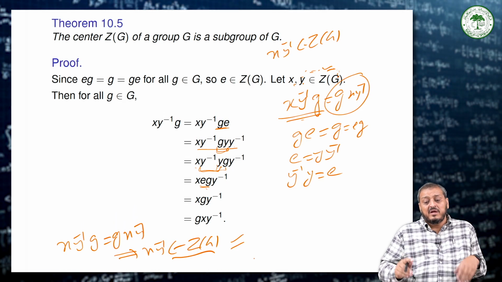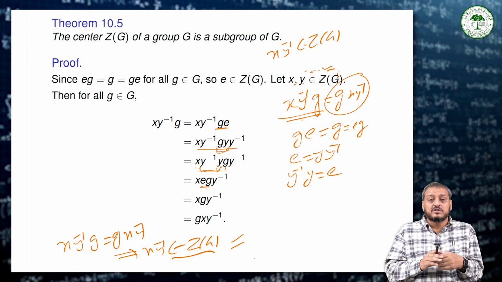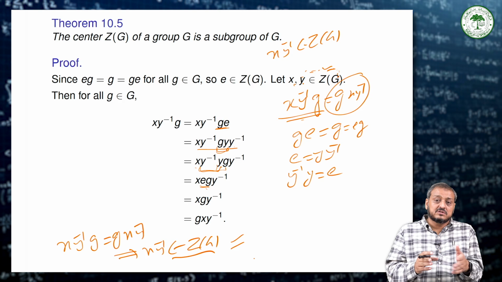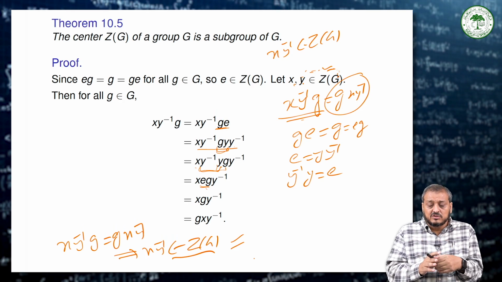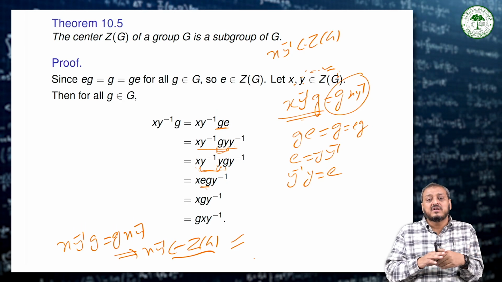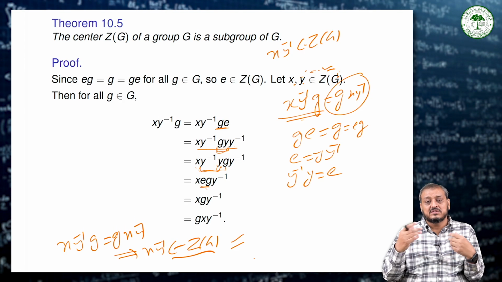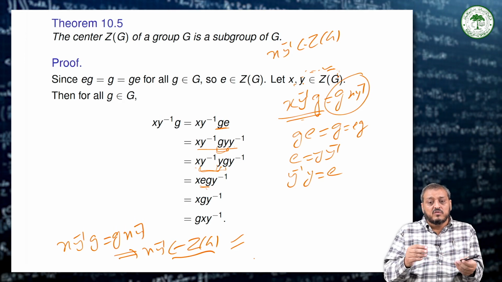ZG is non-empty and closed in this form, so the subgroup criterion is satisfied. Hence the center of a group G is a subgroup of G.